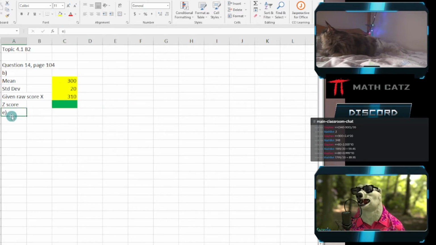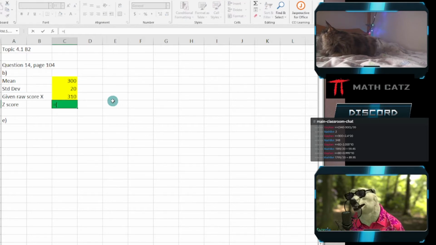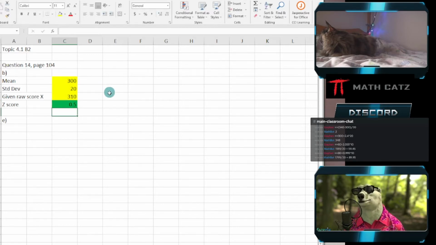Now I'm ready to calculate my z-score. Numerator takes the raw score minus the mean. All of that gets divided by the standard deviation, and we are good to go. Z-score of 0.5.